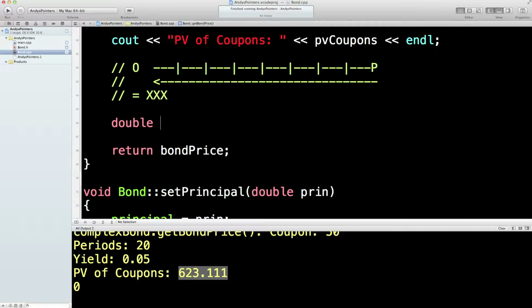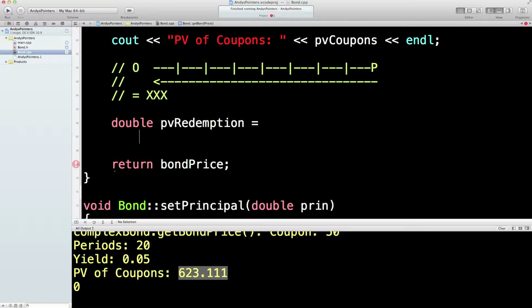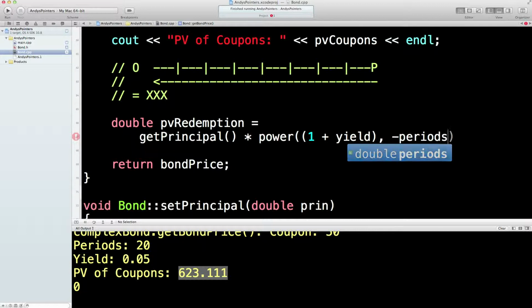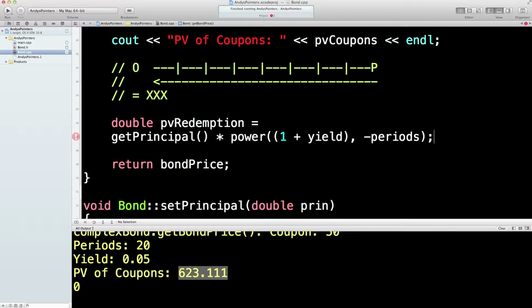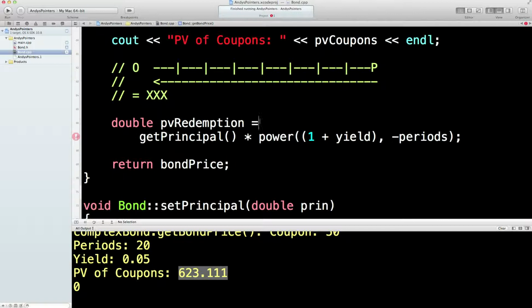So what's the present value of the redemption sum? And that's going to be equal to we get the principal first of all, which will be in my case $1,000, and then we multiply that by the power of 1 plus the yield, raised to the power of minus periods, and that should give me a number a bit less than 1,000.